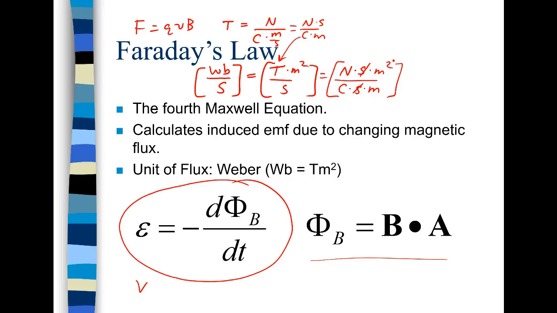Seconds is going to cancel. One factor of meters will cancel, and we're left with Newton meters per Coulomb. Newton meters, you might recognize, is joules, and a joule per Coulomb is the definition of a volt. So this really is a correct equation, even though Faraday came up with this empirically.